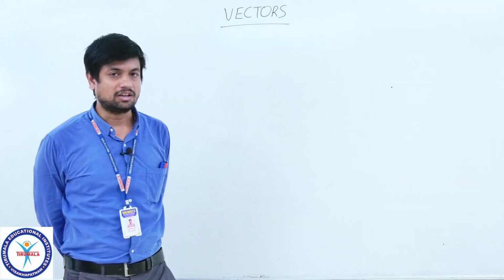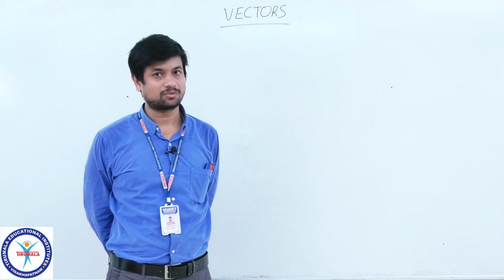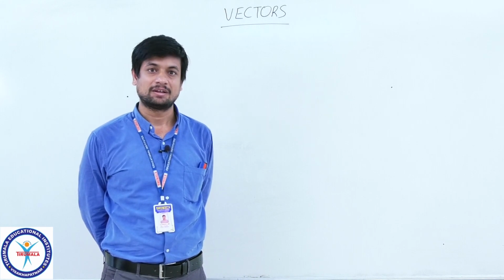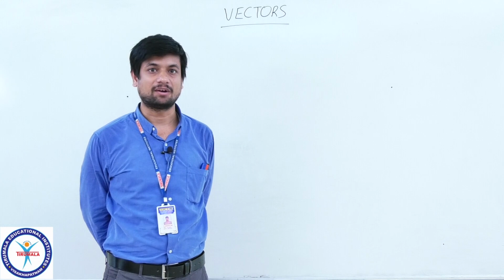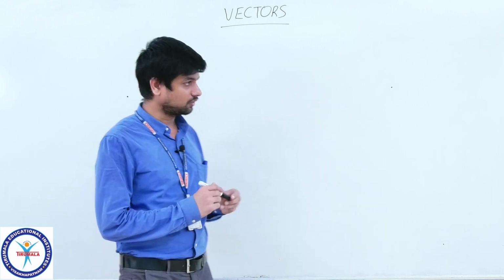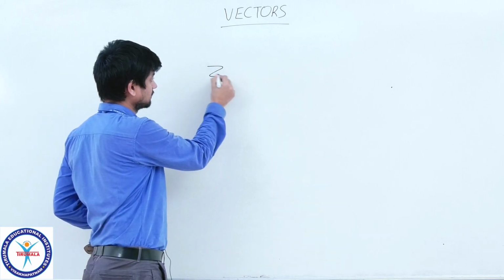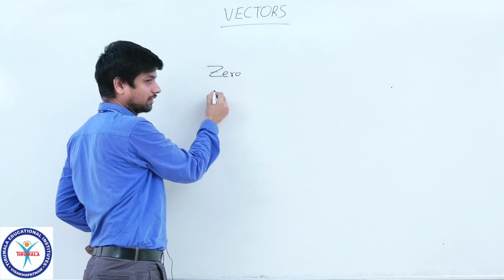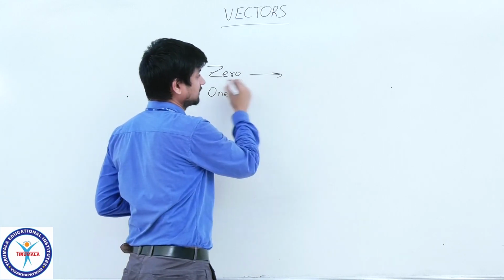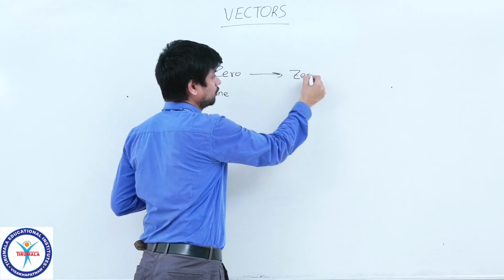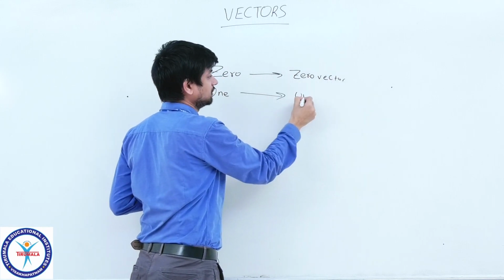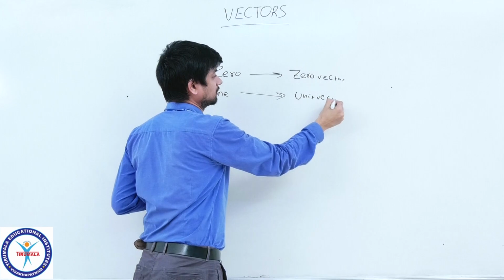Children, till now we have learnt what a vector is, and how vector components and vector mathematics compare with our normal number system. In our number system we have 0 and 1. Zero is compared with the zero vector, and 1 is compared with the unit vector.